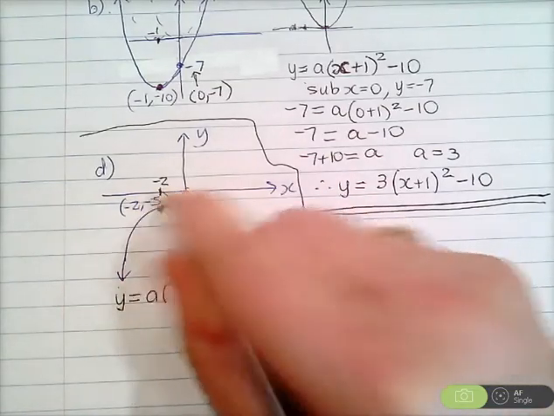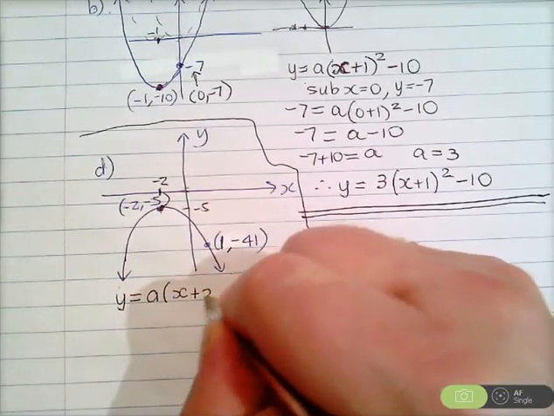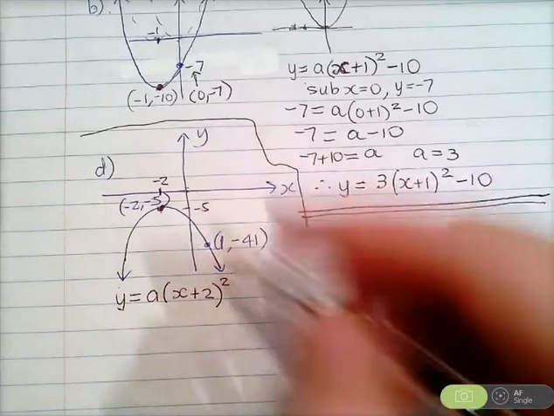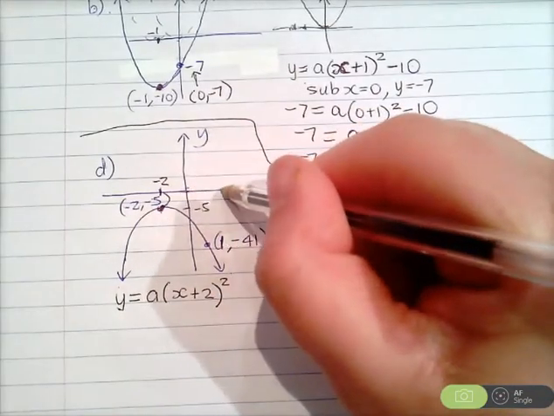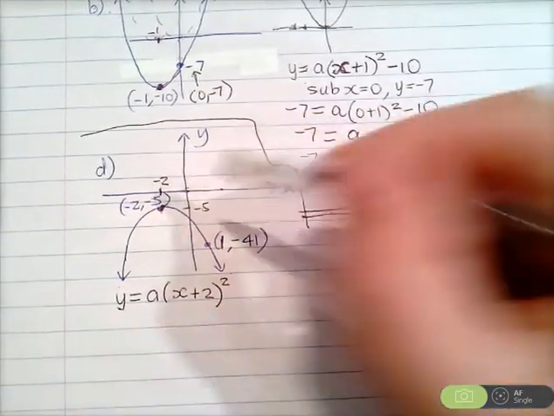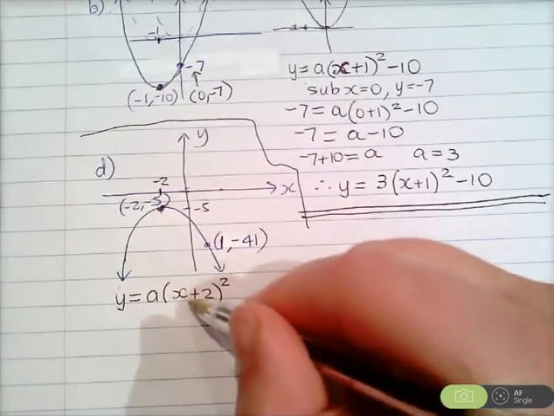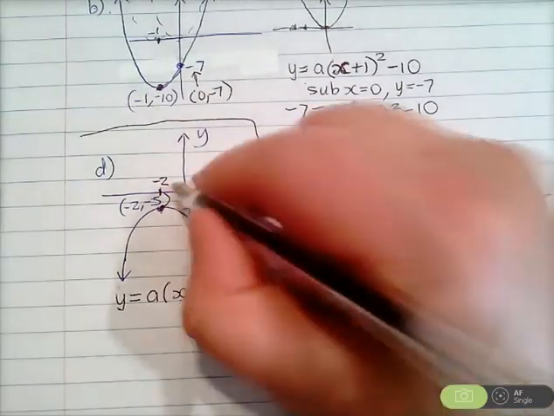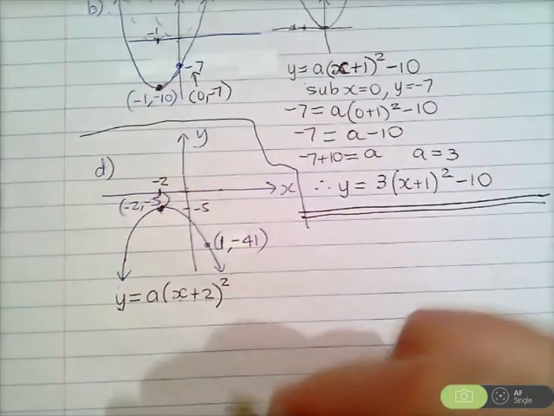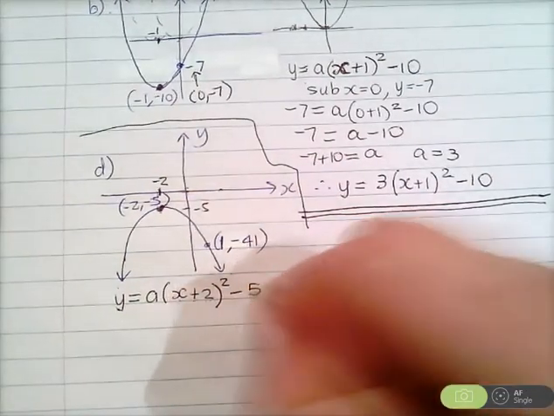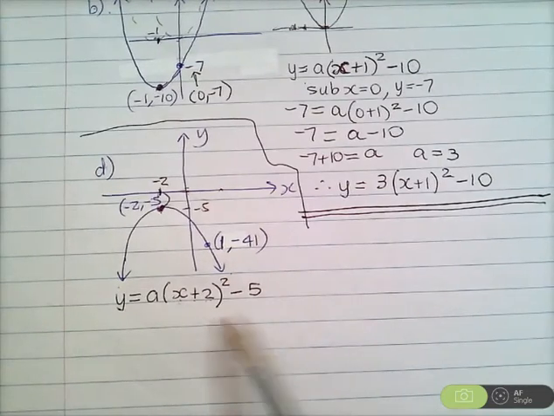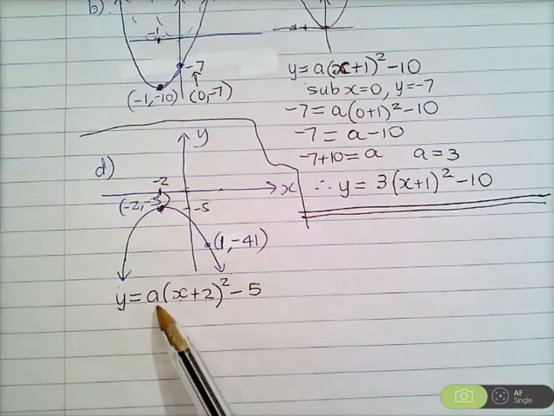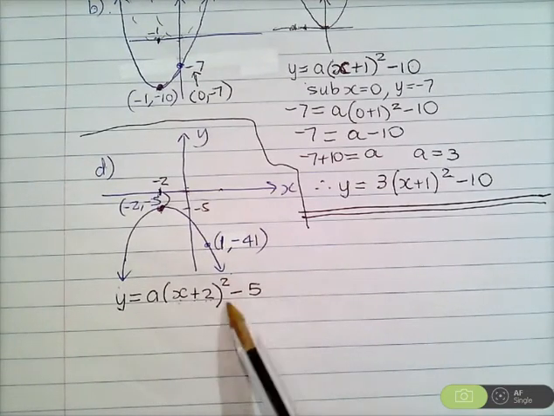If the shift across is to -2, it's (x plus 2) squared. If the shift was to plus 2, it would be (x minus 2) squared, but the shift is to -2, so it's (x plus 2) squared, because -2 plus 2 is 0. It's then been shifted down 5 units, so we go minus 5.